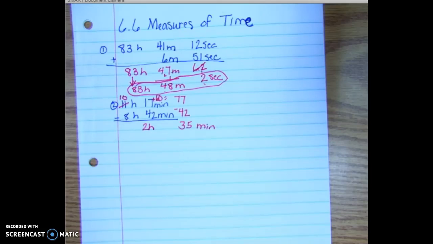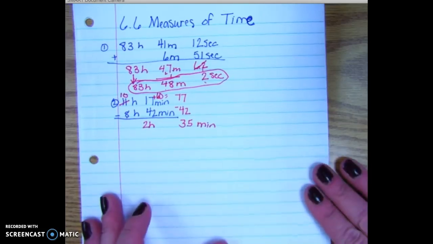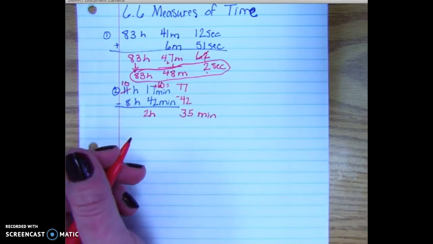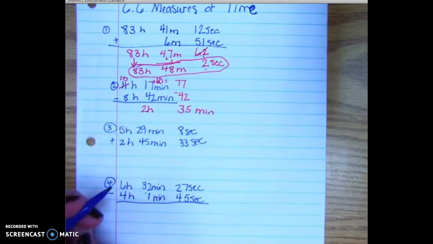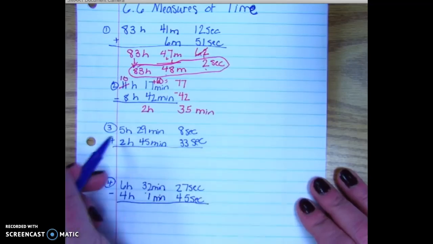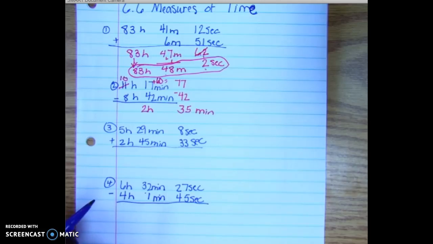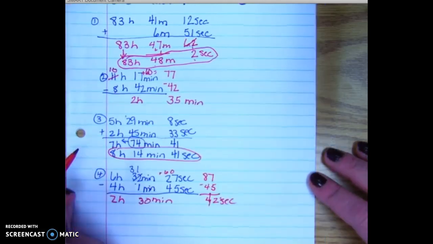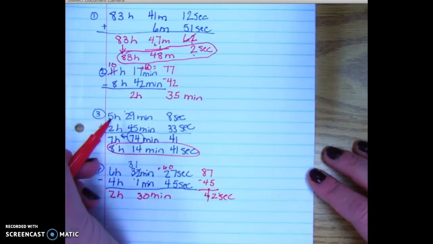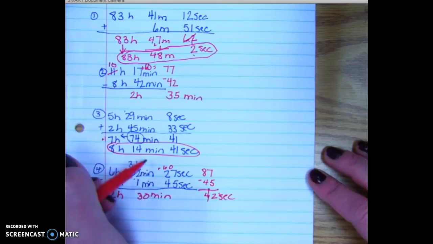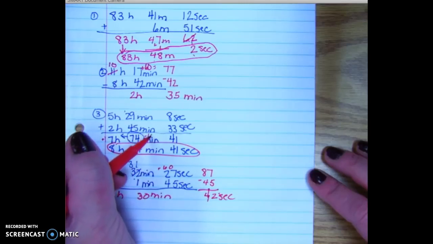So let's do a tougher addition example and a tougher subtraction example. All right, I have examples 3 and 4 right here for you to try. Would you please write this down, pause the video, and then we'll go through them together. Okay, so if you look at number 3, I showed my work and what I ended up with in my regrouping, where I added 1 over here, and I subtracted 60 over here.